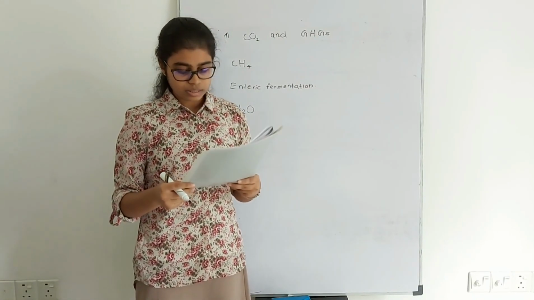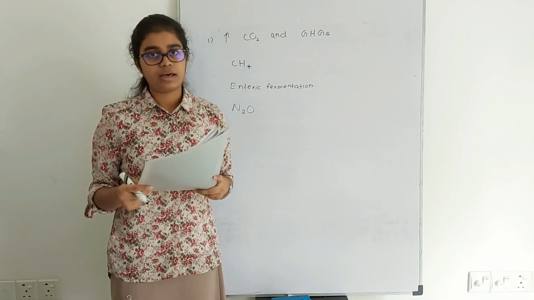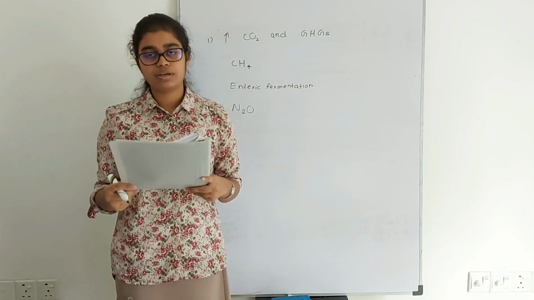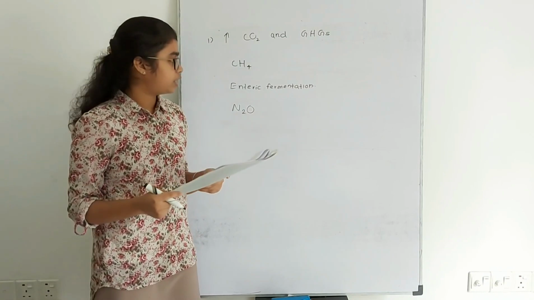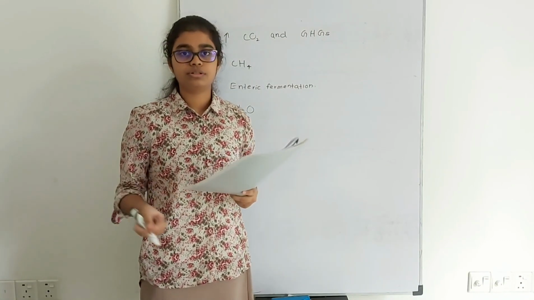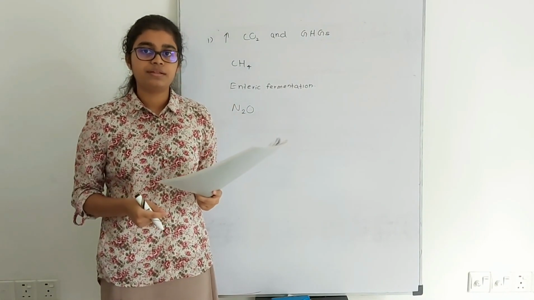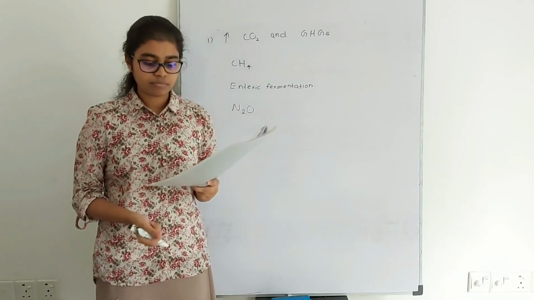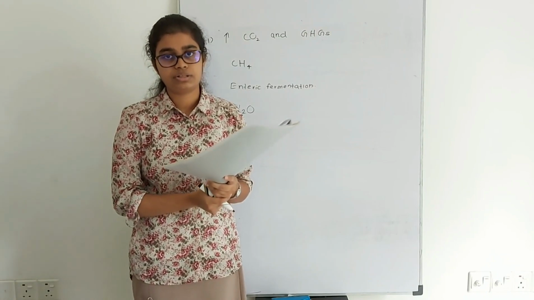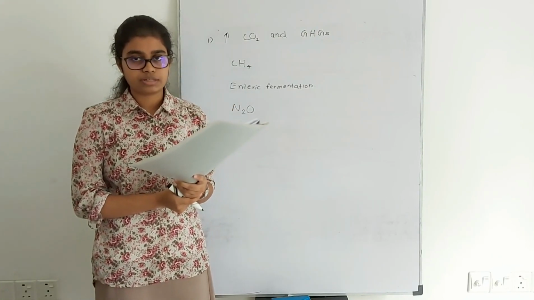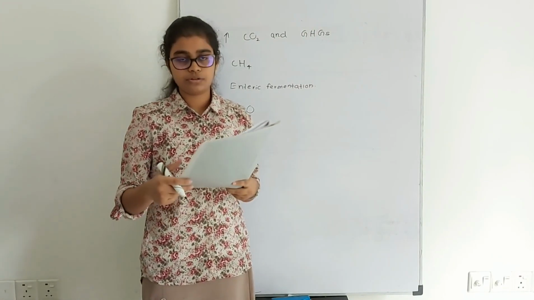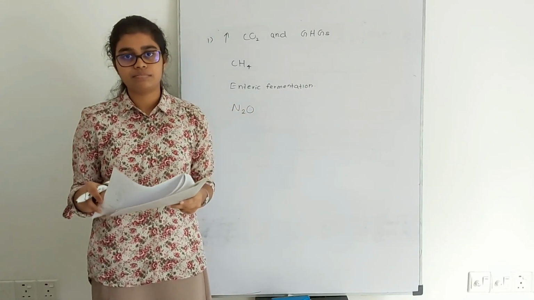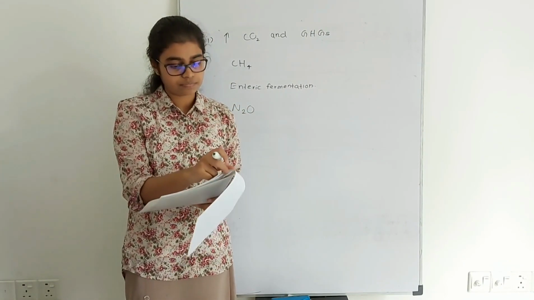The main way of adding nitrous oxide to the atmosphere is as a byproduct of fertilizer and the use of these fertilizers. Other than that, it is emitted by the combustion of certain materials such as biomass, in nitric acid production, and also fossil fuel combustion in the internal combustion engines of vehicles.